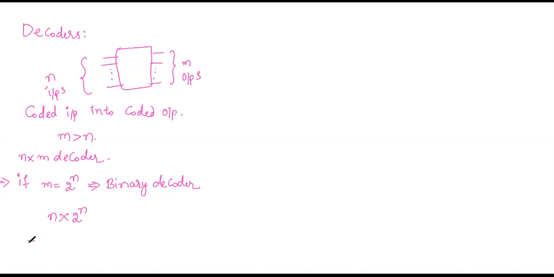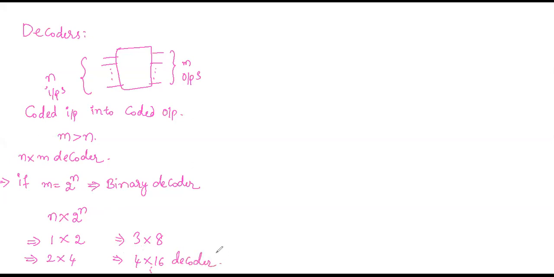So the decoder can be 1 cross 2, 2 to the power of 1, which indicates one input and two outputs, or a 2 by 4 decoder, 2 squared being 4, or 3 by 8 decoder, 2 to the power of 3 being 8, or a 4 by 16 decoder, and so on.